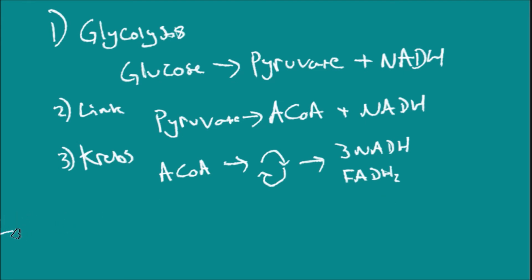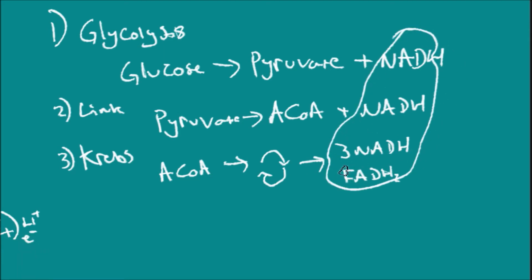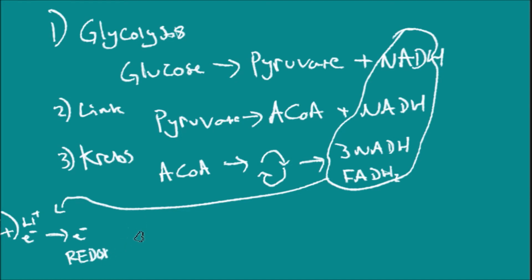Now our electron transport chain, which if you think of it systematically is actually very, very simple. We get our protons and our electrons coming from all of these. They will all do this. The e- go through the redox reactions. That produces energy.